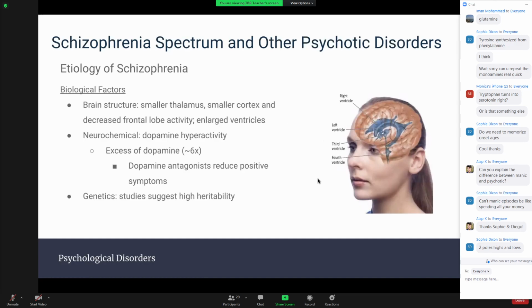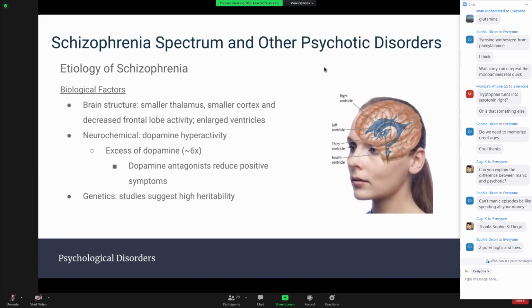So one of the biological etiologies for this can be seen in terms of some brain structures. The one is the thalamus, which is thought to be a little bit smaller in people experiencing schizophrenia. Hopefully you remember that the thalamus is the center for relaying information from one place of the brain to another so that information is processed. There's also a smaller cortex, the cortex being the exterior part of the brain, so the lobes at the outermost surface, as well as decreased frontal lobe activity.